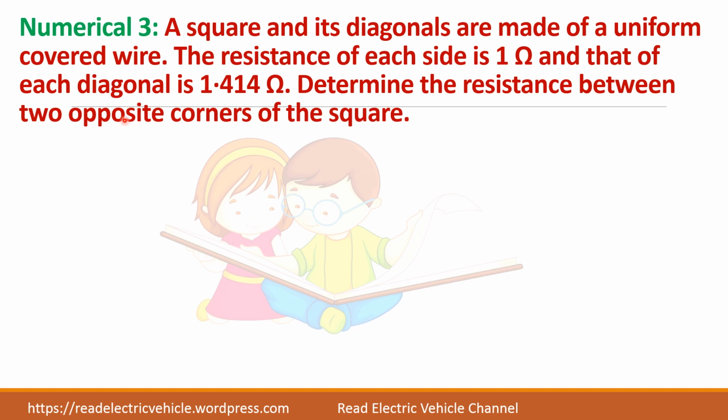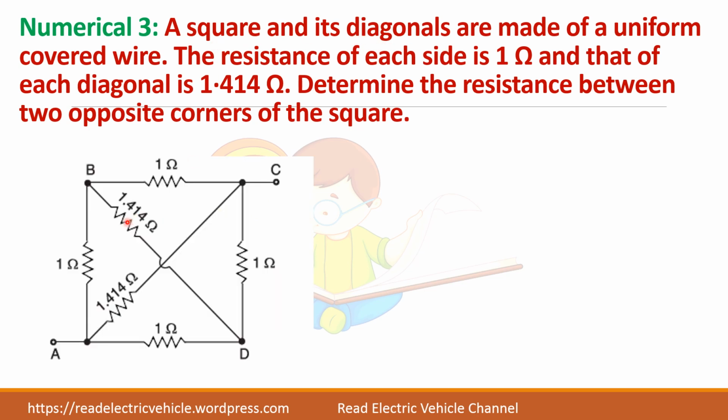You just read the question clearly. It is a square and its diagonals. You know how to draw a square and draw the diagonals. It is given that it is made up of a uniform covered wire. In wire we have a resistance, and the resistance of each side is 1 ohm. So in all the four sides you have 1 ohm and the diagonal is 1.414 ohm.